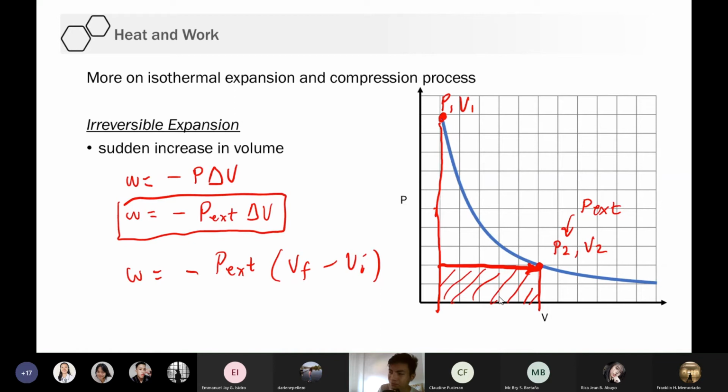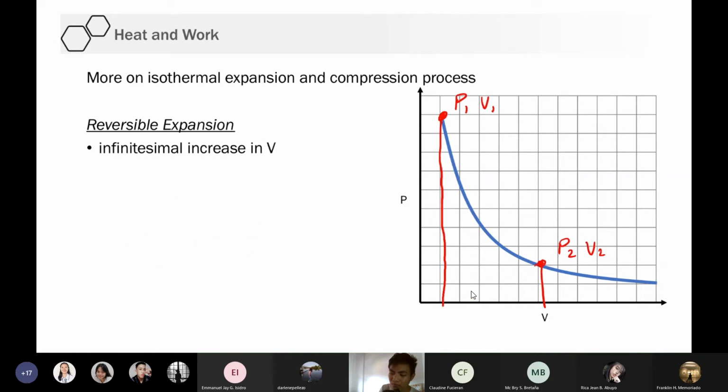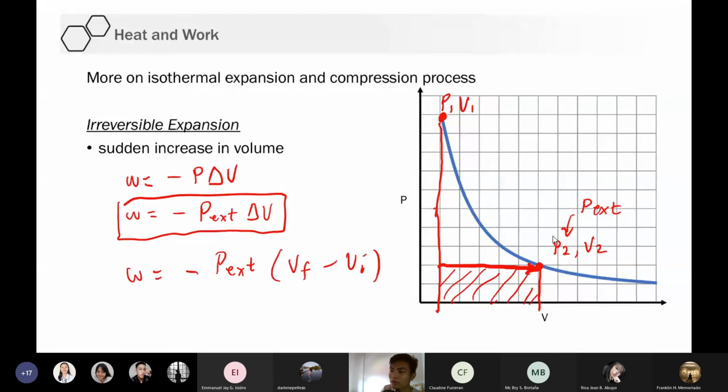How about if dahan-dahan? So kapag dahan-dahan, lahat yan dadaanan mo. Lahat ito dadaanan mo. So you are actually getting the area under the curve. So magka-calculus tayo. So yung individual points na yan, dadaanan mo yan lahat. Again, kapag irreversible, biglaan kasi, magugulat na lang siya, andun na siya.